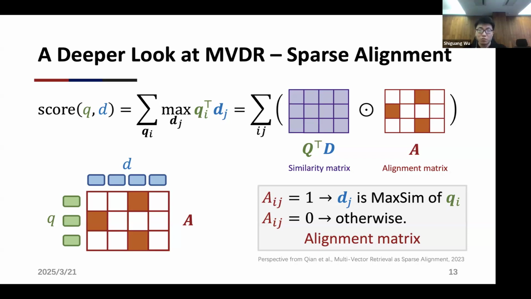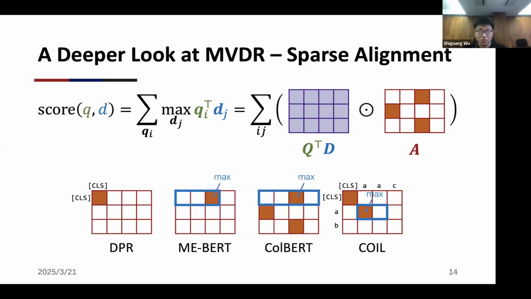We can generalize to a bunch of multi-vector models by adjusting the alignment matrix to get all these paradigms. If we choose only one element to contribute to the score, we get dense retrieval, the single vector model, and we can do similar things for other paradigms. So this framework is very general and very strong.